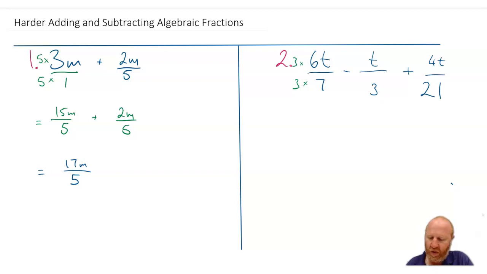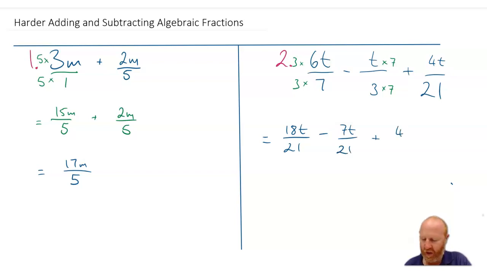Better do the top as well, the numerator. And we can multiply the second fraction here, top and bottom, by 7. So if we complete that, that's 18t on 21 minus 7t on 21 plus 4t on 21.